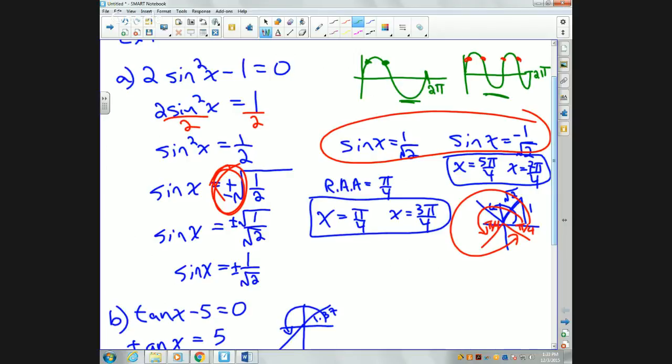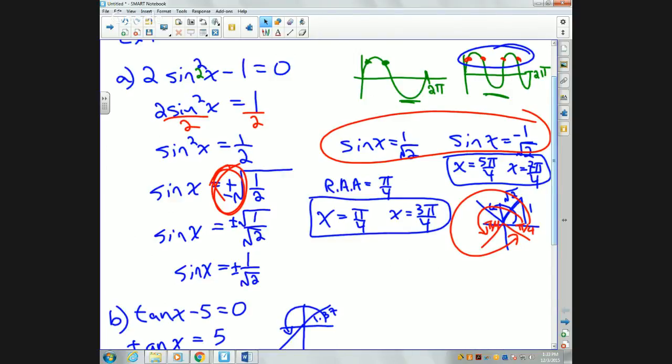And what changes in the equation when you have a horizontal compression? The k value, that value in front of the x. So if there were a 2 in here, that's an indication that you're going to get a compression, which means that your period now is half as long as it was. So if there should have been 2 solutions, but we've compressed the period by half, now we're going to have 4 solutions. That's one thing that often trips students up. So just be aware of that period change.